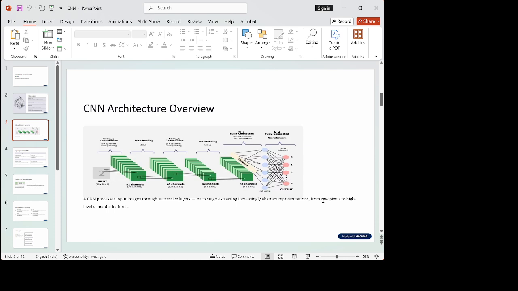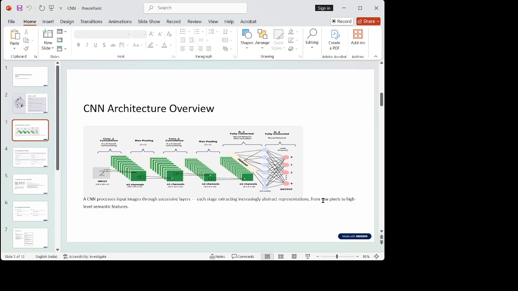For example, if I share animal images, layer one sees edges, layer two concentrates on curves or textures, layer three focuses on eyes, ears, and shapes, layer four checks the object parts, and the final layer checks whether it is a cat or a dog, predicting the category of the picture.